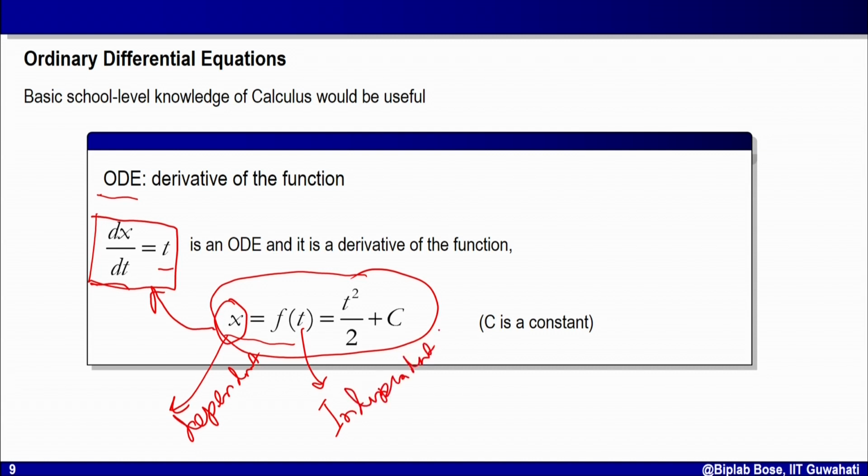So we have a dependent variable x and an independent variable t, and together we have got an ODE, dx/dt is equal to t, that is the derivative of the function x equal to t square by 2 plus c.